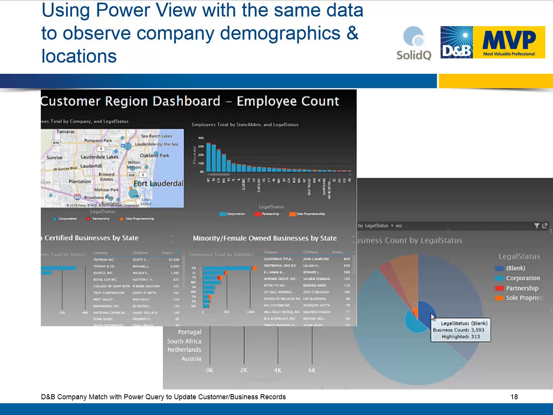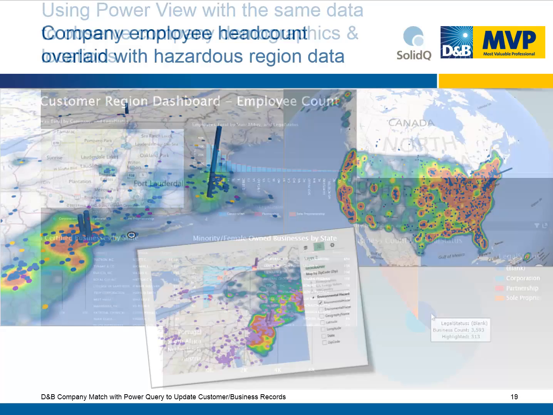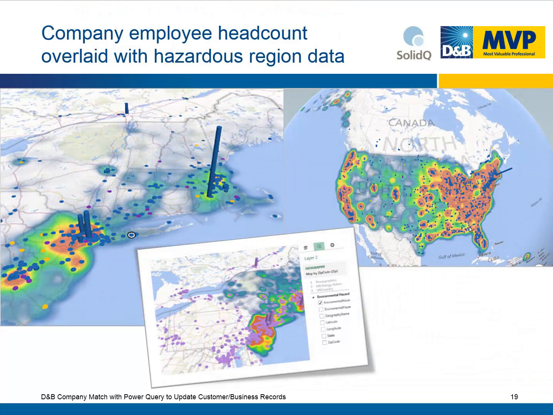I have my annual sales revenue for these companies. I have my employee headcount and different categories and categorizations for these companies that I can use to visualize and analyze this data. I can also map it using tools like PowerMap in Excel, and I can use that to visualize geographic information and then mash this up with other data publicly available, like hazardous region data that you see here that came from the United Nations.